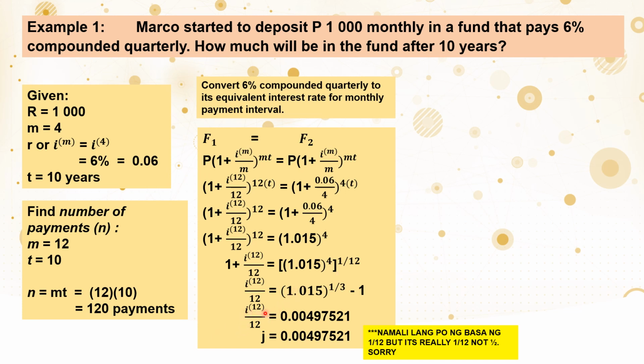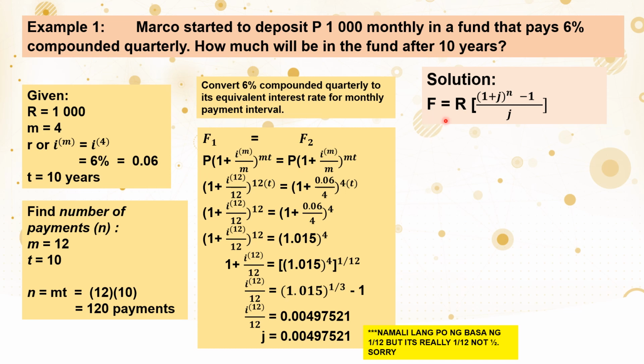I raised to 12 over 12 now is the value of J. So, it is now our J. Then, just copy 0.00497521. So, the value of J now is 0.00497521. So, since we now have the values of N and J, we can substitute them into our formula.